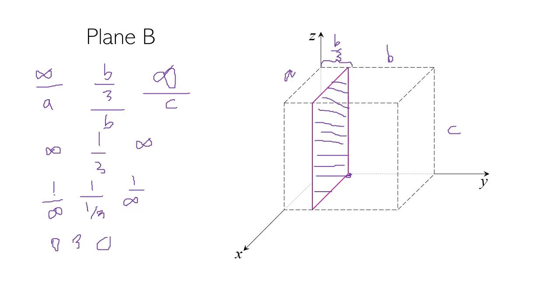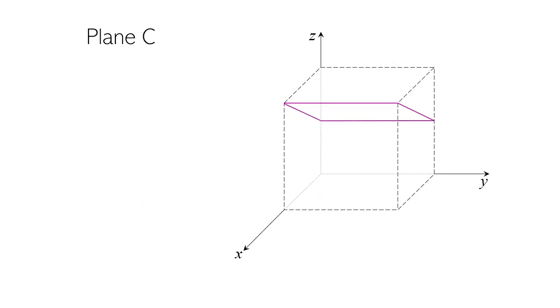So as there are no fractions, there is no necessity of reduction, and finally we directly go to enclosure. Again, we have to use the round bracket or parenthesis to enclose them. So (0, 3, 0). So those are the indices for plane B.